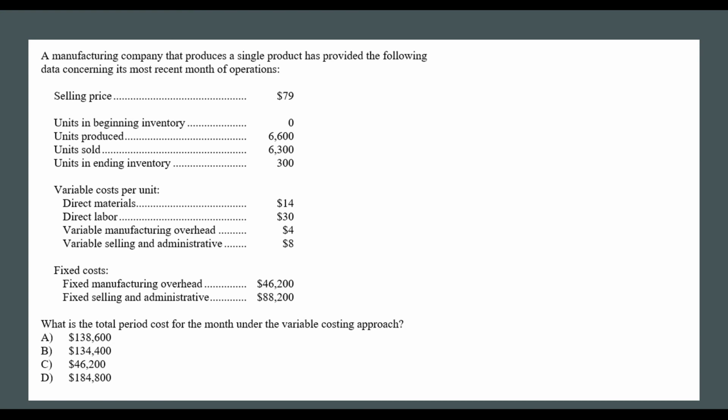And we have here your variable cost per unit: direct materials of $14, direct labor of $30, variable manufacturing overhead of $4, variable selling and administrative of $8, and your fixed costs comprising of two. We have your fixed manufacturing overhead amounting to $46,200, and your fixed selling and administrative expenses of $88,200. And the question here is, what is the total period cost for the month under variable costing approach?